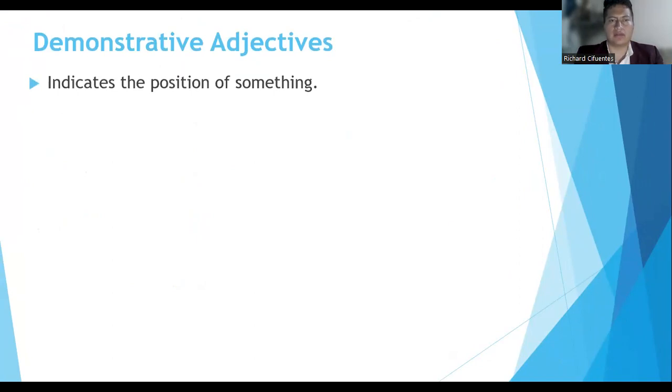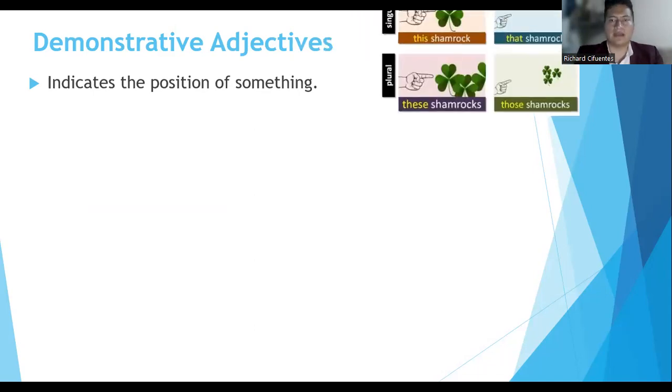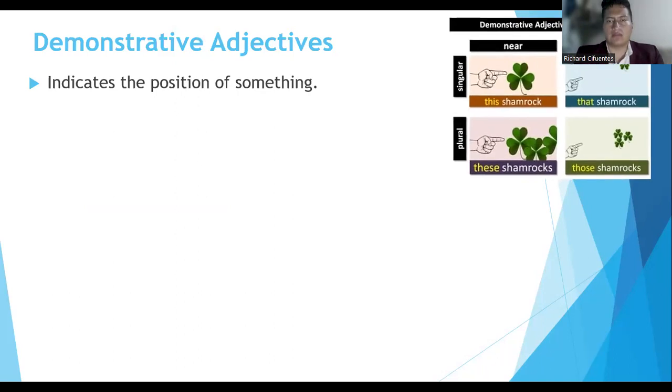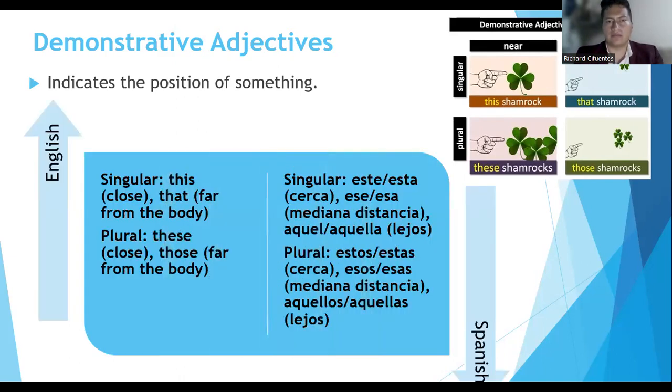It is demonstrative adjectives. These adjectives indicate the position of something. Okay, so this shows me in the space where it is located. The most common way of presenting this is using this, those and that. Let's start by analyzing the English part.